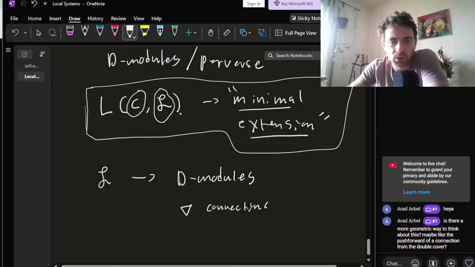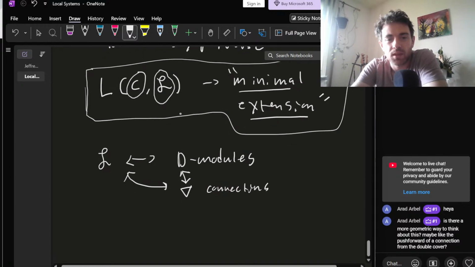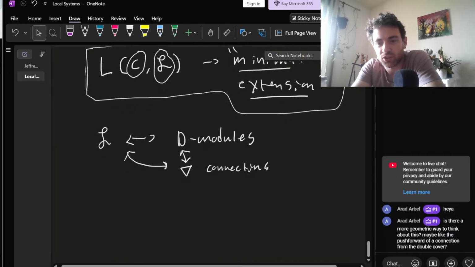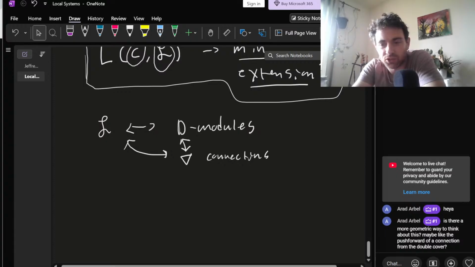And so going back and forth, like taking kernels and getting a local system, is going to be part of this story relating D modules and connections and everything. So this is where things are going. And so, I mean, it is very geometric, I would say.